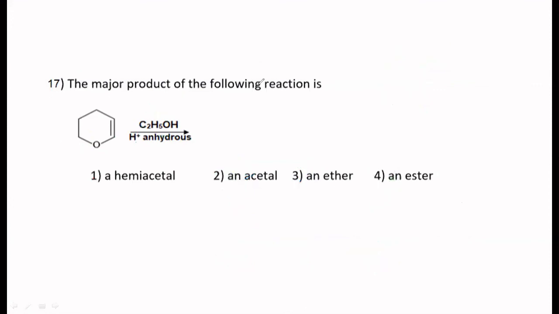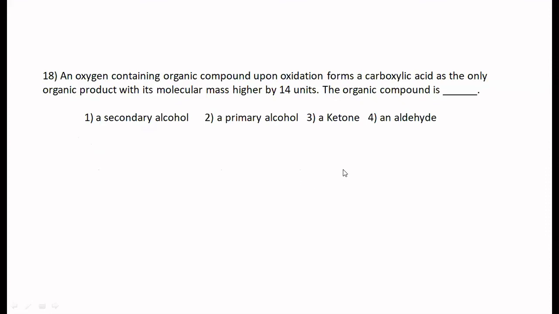So I think we can take up one more question. This is a simple one, all of you can answer. An oxygen containing organic compound upon oxidation forms a carboxylic acid as the only organic product with its molecular mass higher by 14 units. The organic compound is?